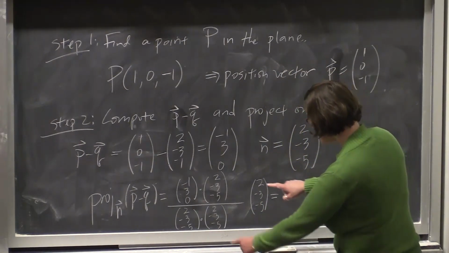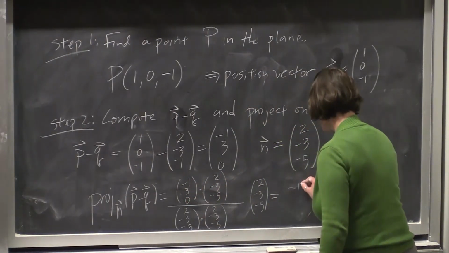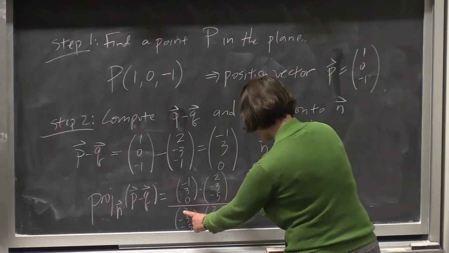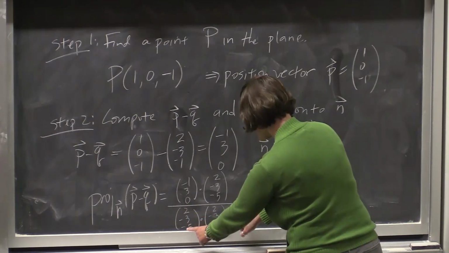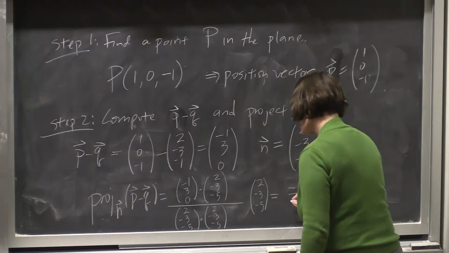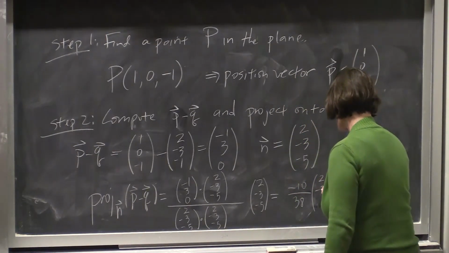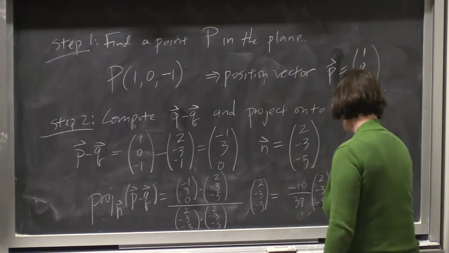So that is -2 minus 9 is -10 over 4 plus 9 is 13, plus 25 is 38, times (2, -3, -5).